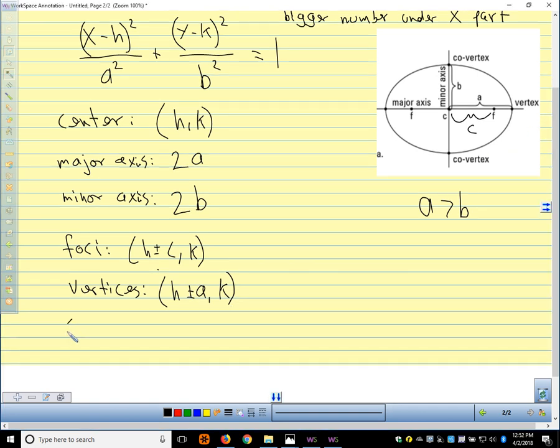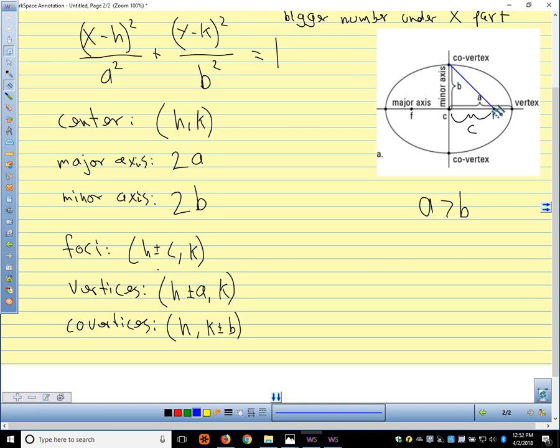The co-vertices. b tells us how far from the center to go up and down, in this case, to get to the co-vertices. So those coordinates are going to be (h, k plus or minus b). We go up and down to get to the co-vertices. And I'm going to draw this nice little triangle here.